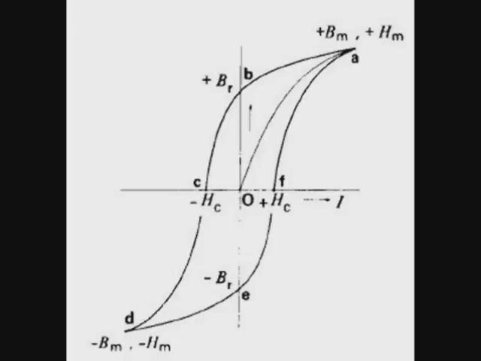Hysteresis loss is the loss of power in the core due to the hysteresis effect. The size of the hysteresis loop is directly proportional to the hysteresis loss. In other words, the bigger the loop, the bigger the loss.